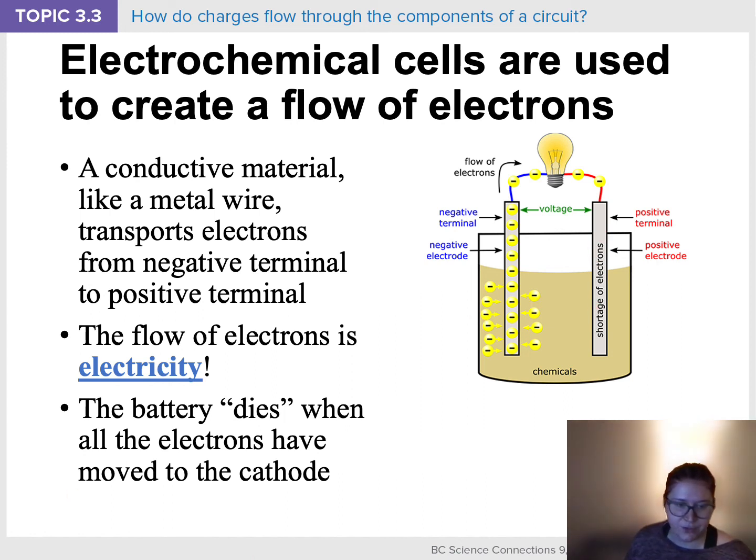And now after a long time, you're going to start seeing these negative electrons over here at the cathode. Okay, they're going to have moved from here, so now we don't have these ones anymore. The battery dies when all of the electrons have moved along this wire to the cathode. I hope that was easy to understand.